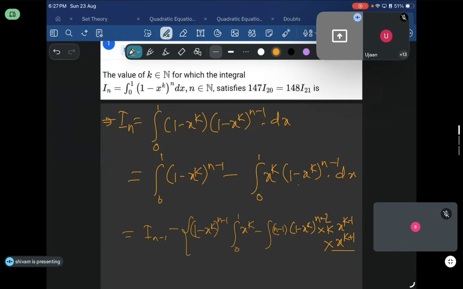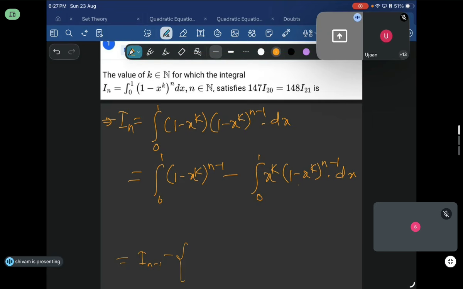Okay, let us take some substitution. Let's see whether any substitution will work or not. So let y is equal to 1 minus x to the power k. Then what is dy by dx? dy is equal to minus k x to the power k minus 1 into dx.